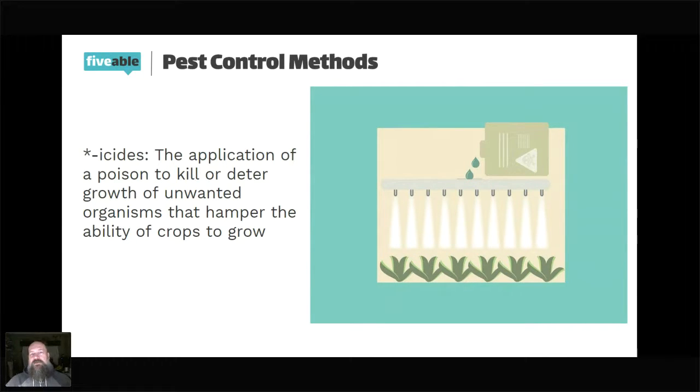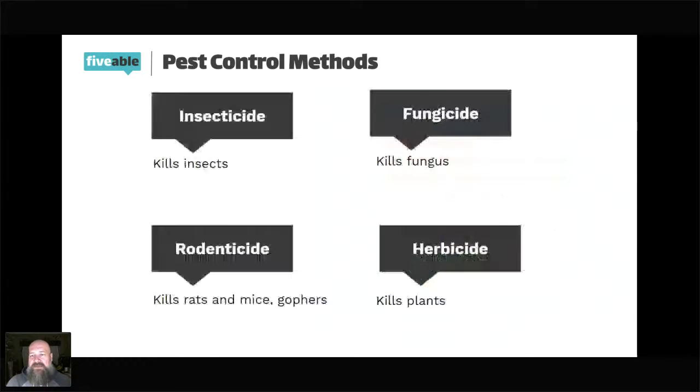It's pretty cool. All right, so let's talk about all the different asides, shall we? And I hadn't even thought about the mothballs. Excellent. Yeah, I keep those in my closet. So these are the different asides and basically what they do. And thankfully, because of our use of Latin and other forms of stuff like that, it's really not as difficult to remember what they are. Insecticides kill insects.